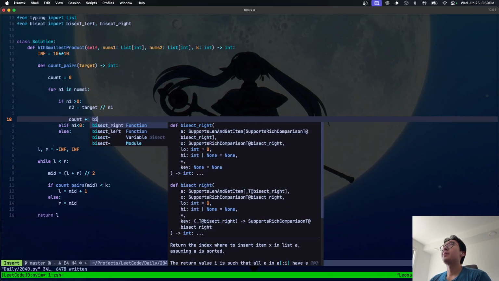So we want to find the first element. Let's say we have 0, 1, and then the first element is 1, and then we want to add the count.